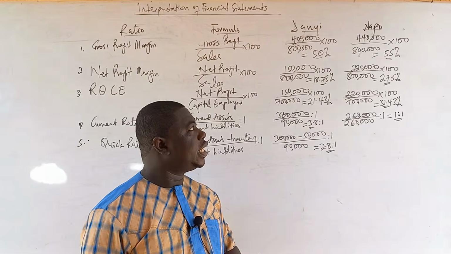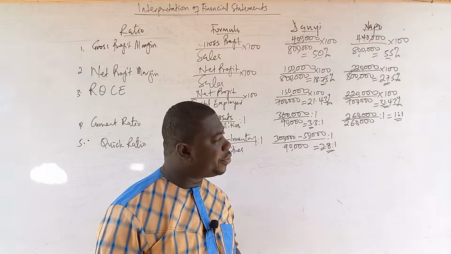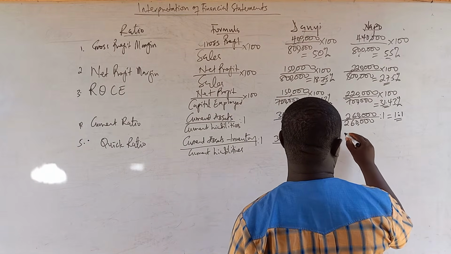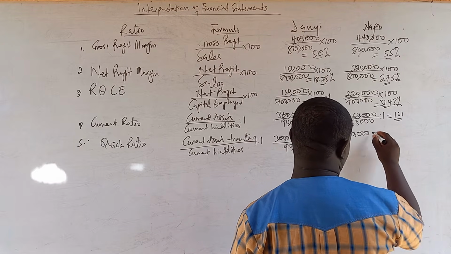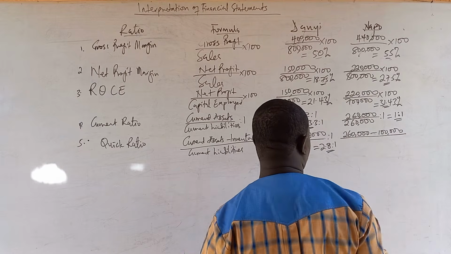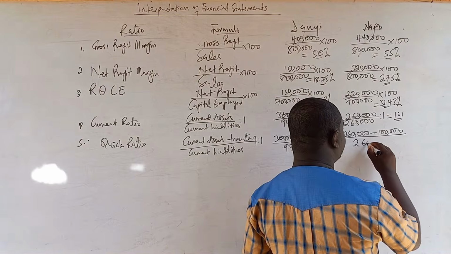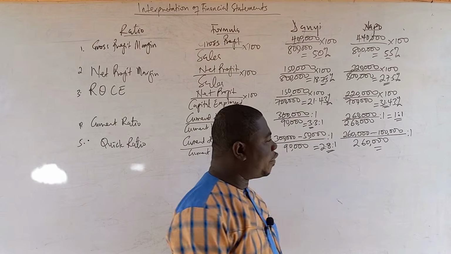Now, let us look at the liquidity state of Napo according to the liquid ratio. Now, their total assets is 260,000. The inventory component is 100,000. So if you subtract, you have 160,000 all over the current liability of 260,000 is to 1. So what is going to be the final answer?